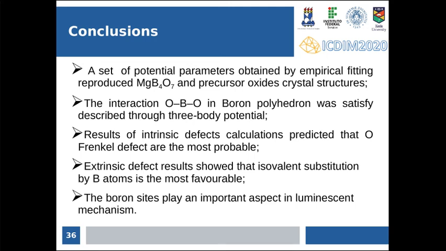Results of intrinsic defects predict the oxygen Frenkel defect is the most probable defect in the material, and for extrinsic, isovalent substitution at boron sites is the most favorable.